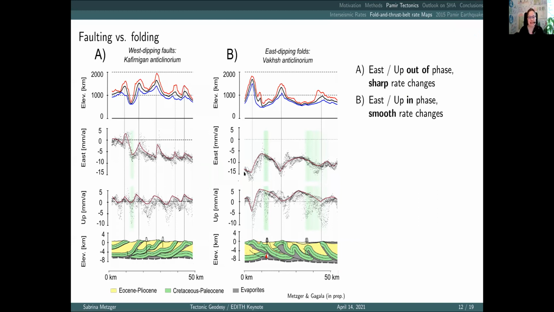And what we see is that in the east and the vertical, we have an in-phase behavior in the rates in the faults, but it seems that this behavior is out of phase in the folds. And also on the faults, we have a very smooth behavior, and in the folds, we have this shark teeth-like zigzagging of the rates.